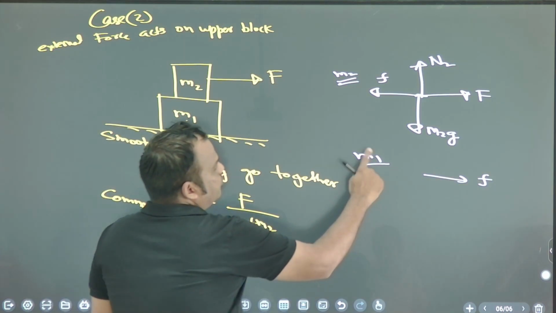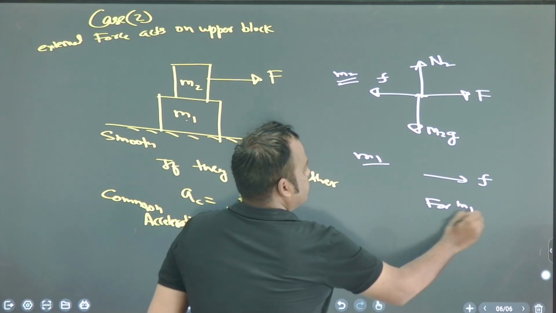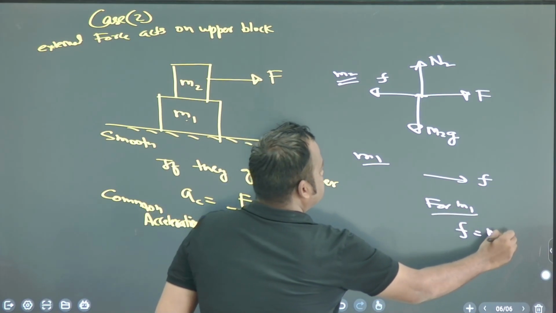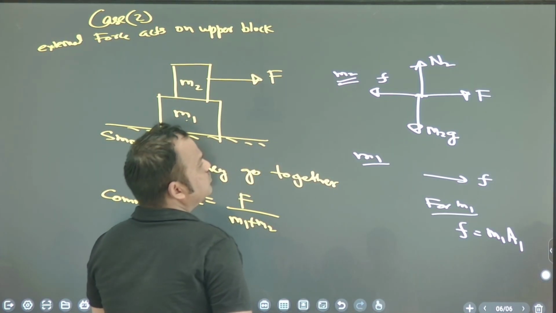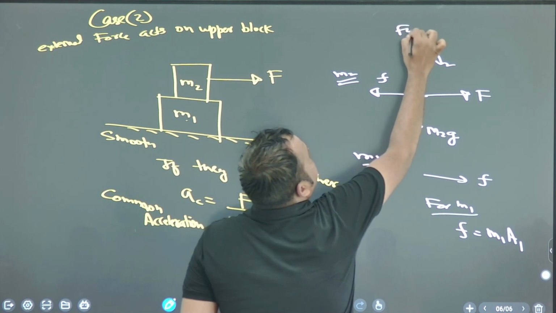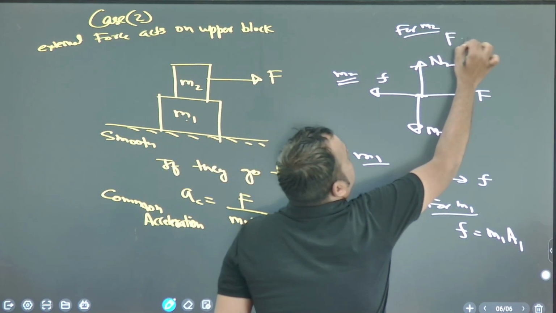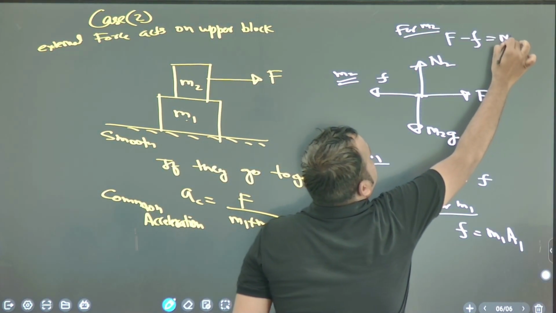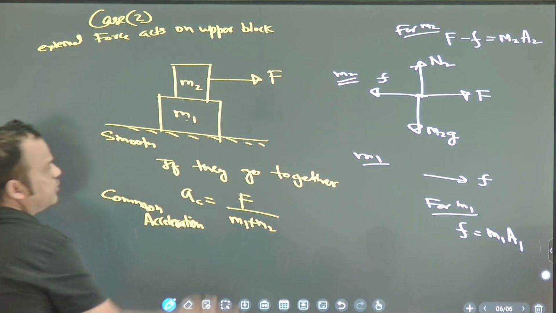So for m1 what you write? f is equal to m1 a1. And for m2 what you write? F minus small f is equal to m2 a2. Note down.